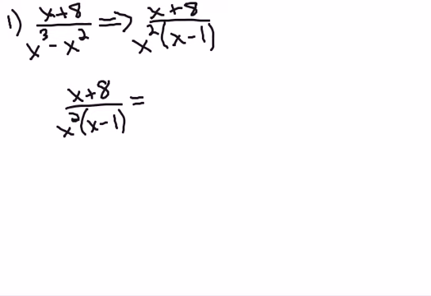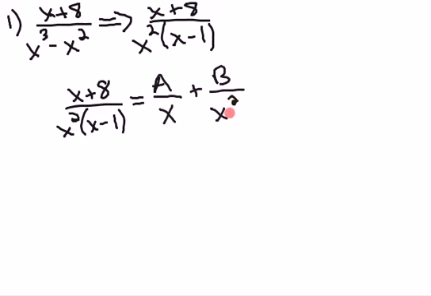So the step here is for a linear factor, such as x, I'm going to write just a constant in the numerator. And then because x is repeated, in other words, it's x squared, it's not just x, but it's x times x, I'm actually going to write b over x squared.